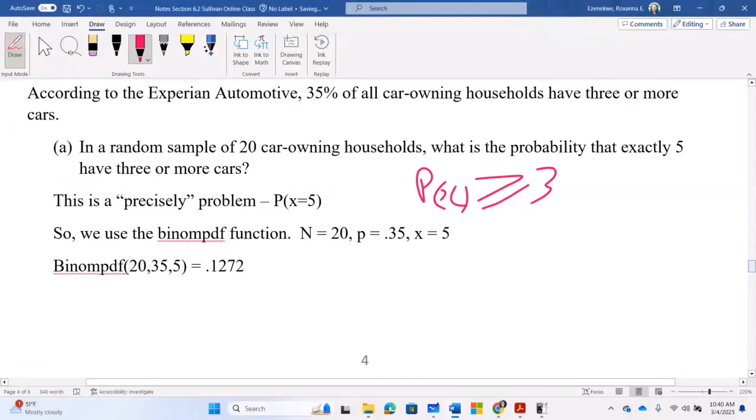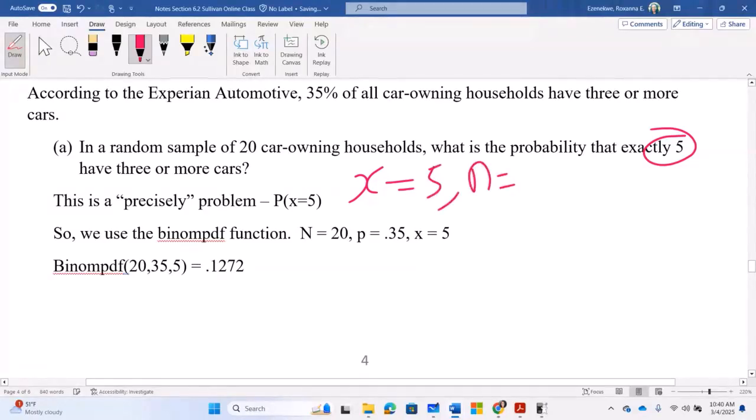Okay, so we use binomial. What is the probability that exactly, oh, this says exactly 5. So we're going to take it away because it says exactly 5. And if it's exactly 5, it's a PDF. So let's find out what we are given. Random variable is 5. We are given sample size of 20.